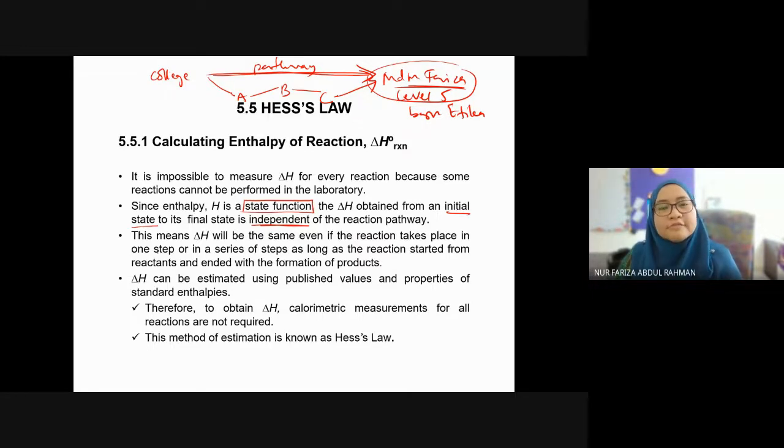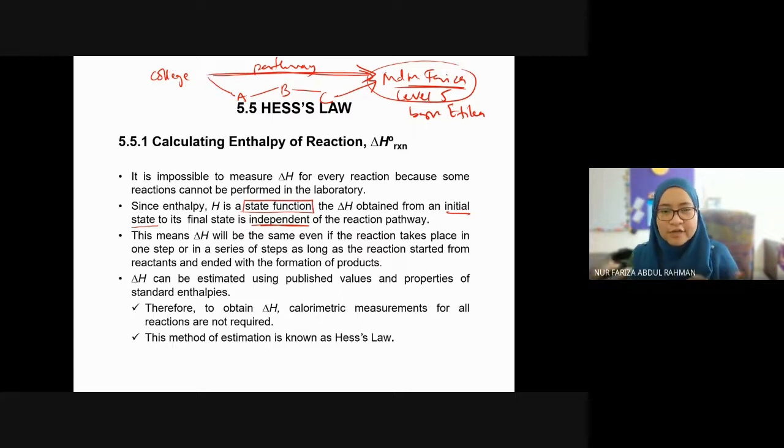So imagine if we have a reaction. We have options. One, we can produce it directly, or we can use several steps, small reactions which can be combined to form our targeted reaction, our focus.